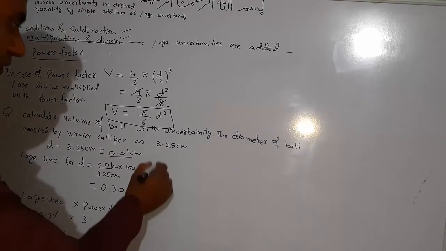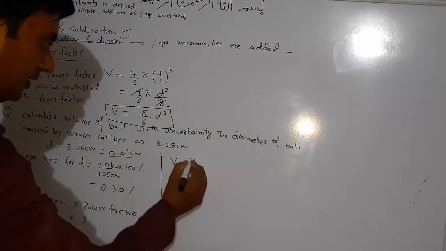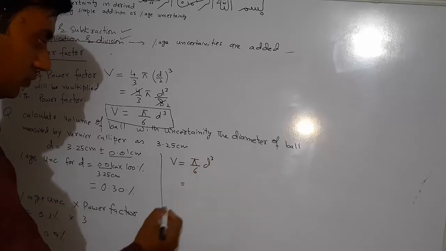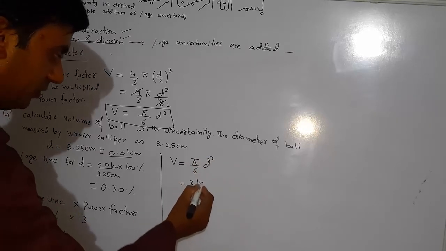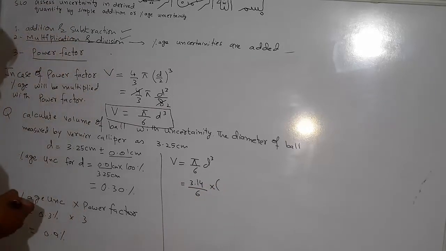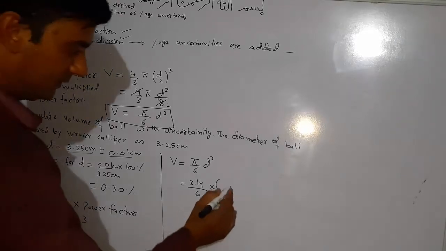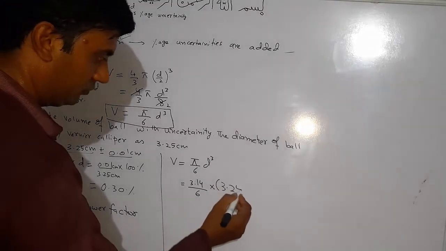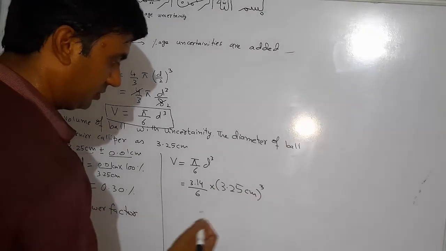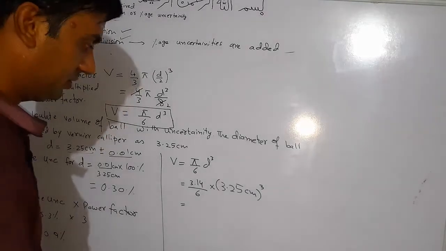First we calculate the volume. What is the volume measured? Pi divided by 6 d cube. So pi having value 3.14 divided by 6, the diameter is given 3.25, its cube, with centimeter. The unit is mandatory to recognize what the final unit will be.